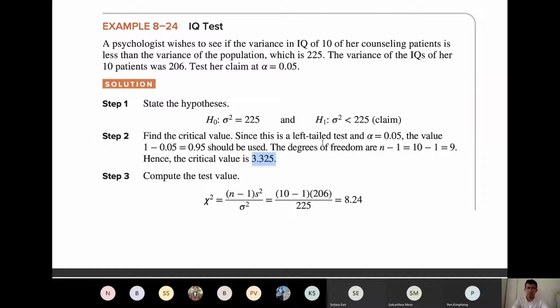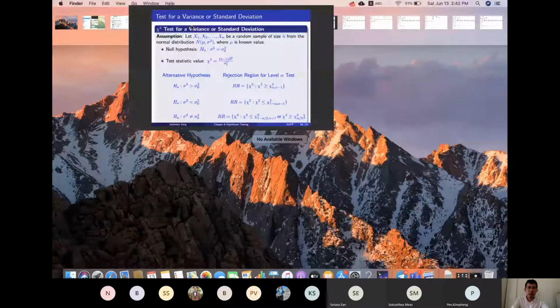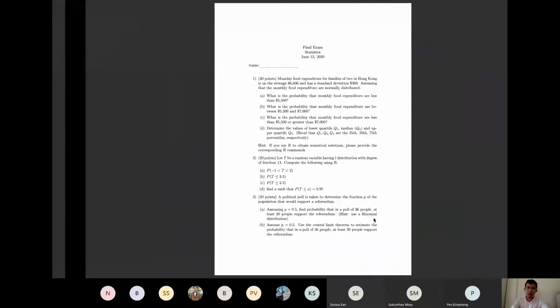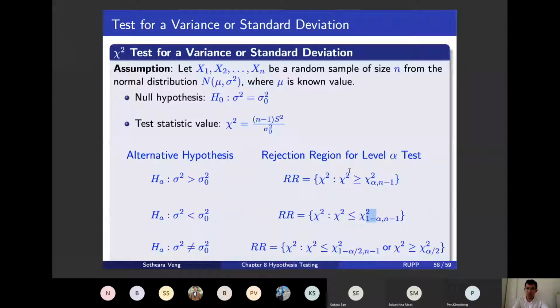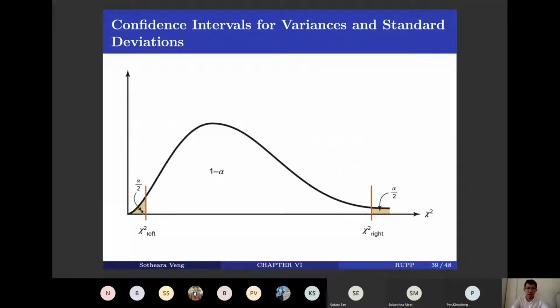Why is that? Because here we want the left tail test, this one. Then this is the critical value: chi-square 1 minus alpha, right? Because we want this area to be alpha to the left, right?